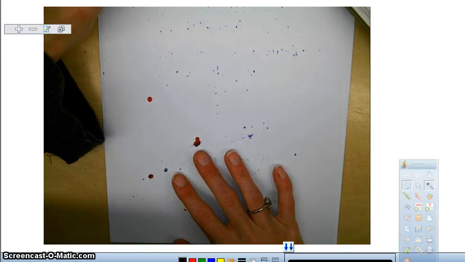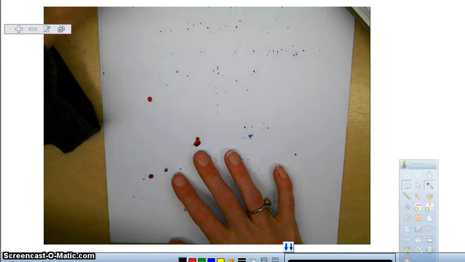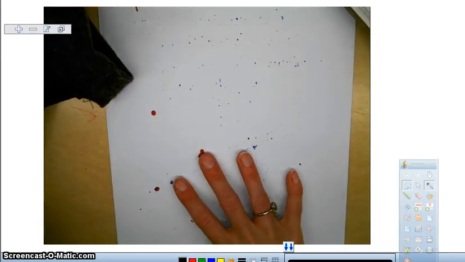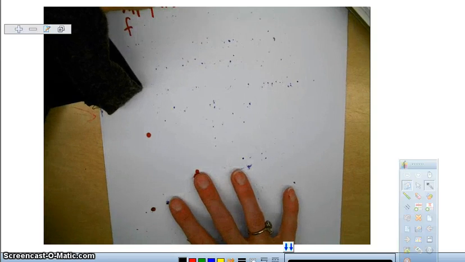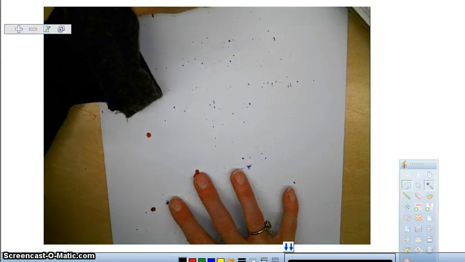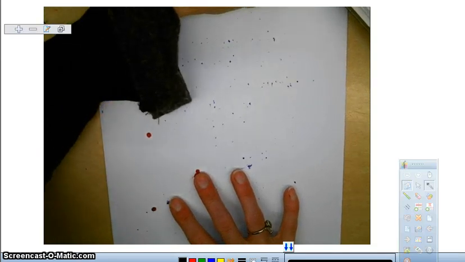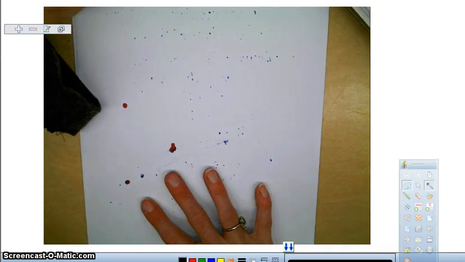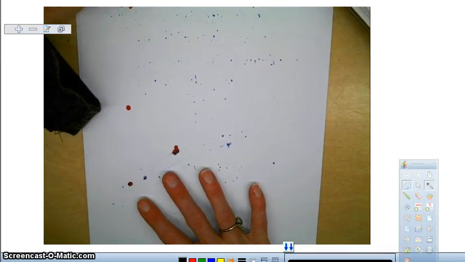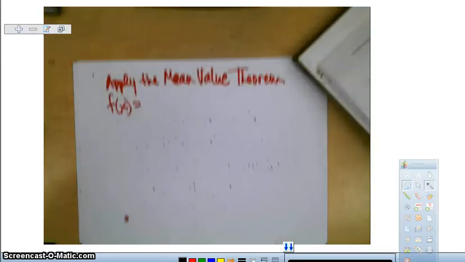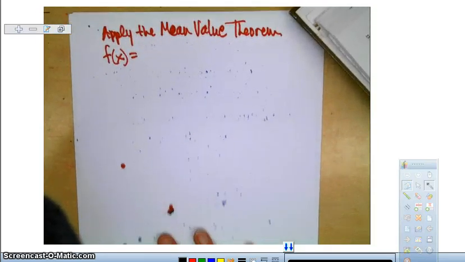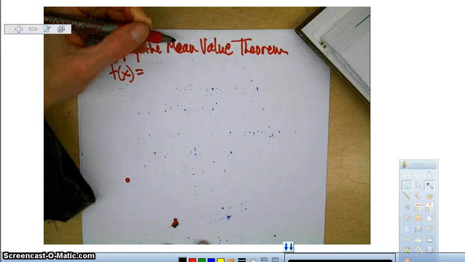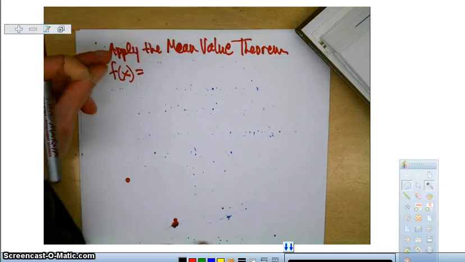Apply the mean value theorem to this function f of x equals, you want an easy one or a hard one?